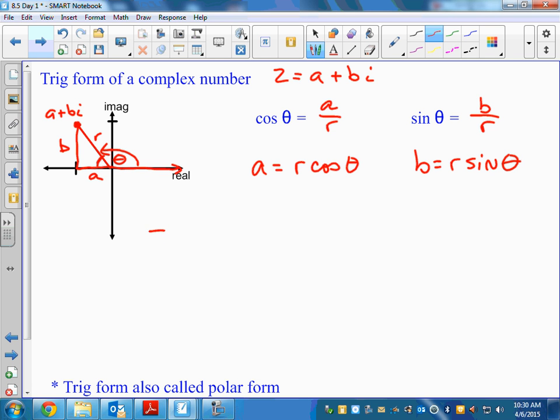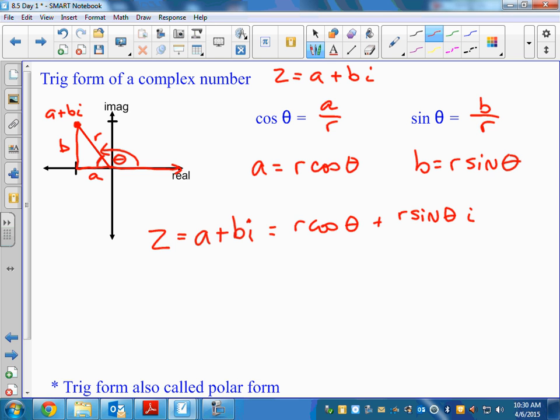So we can say if z equals a plus bi, that's the same as saying r cosine of theta plus, where do we want to put the i in here? r sine of theta i. Agree with that?